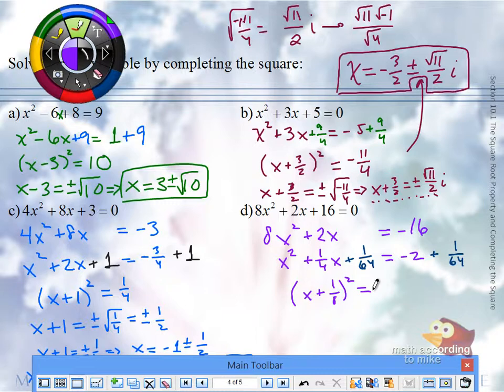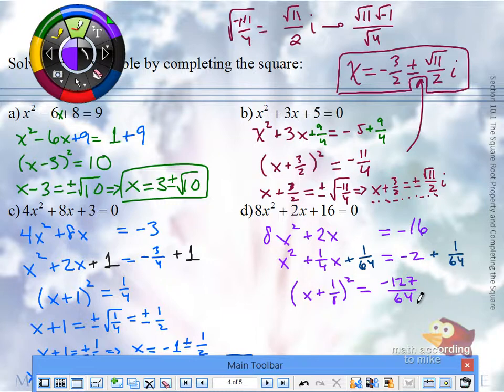Because we added on the left, so we add on the right. Good. Okay.